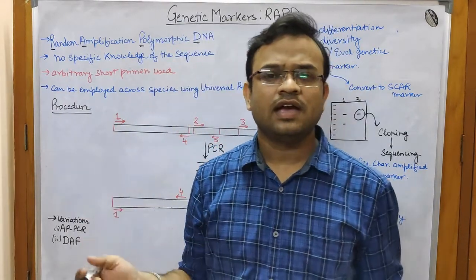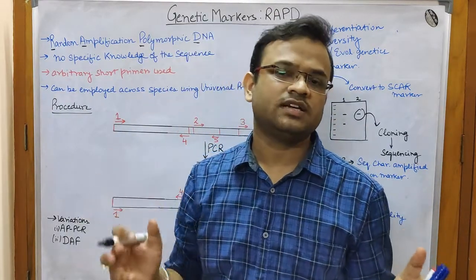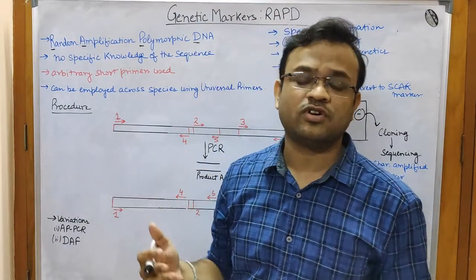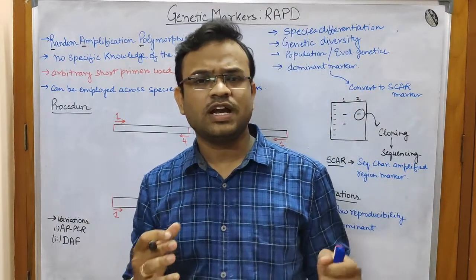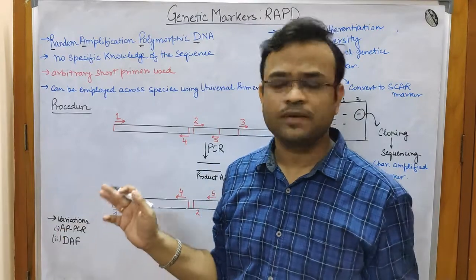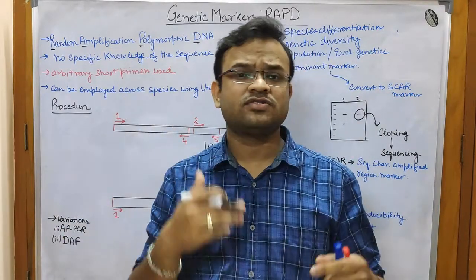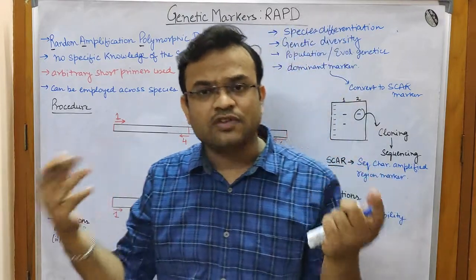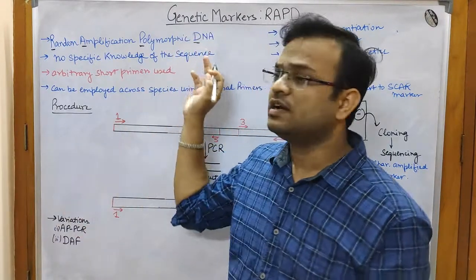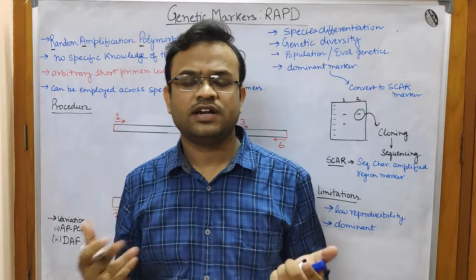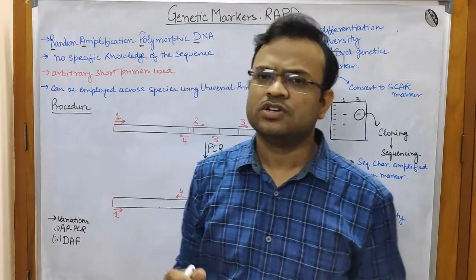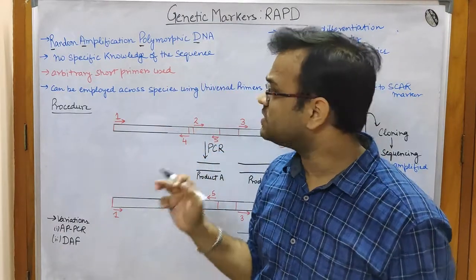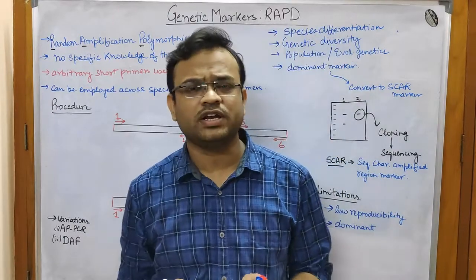Random means any sequence. It is just the opposite of specific. So it means any sequence. Amplification means to make multiple copies, polymorphic means having more than one form, and DNA is the genetic material that we are working upon. So what is RAPD? Again, it is random amplification polymorphic DNA.